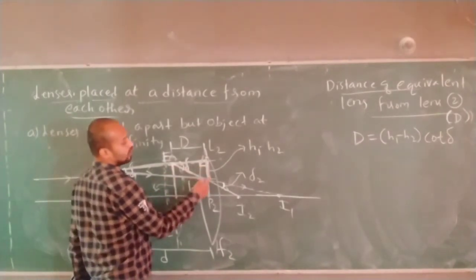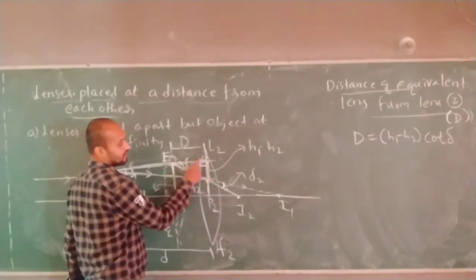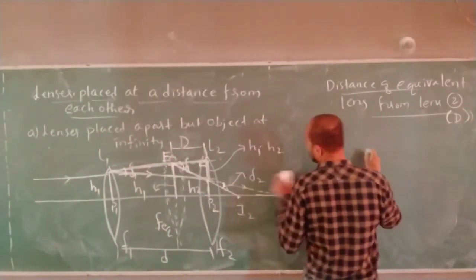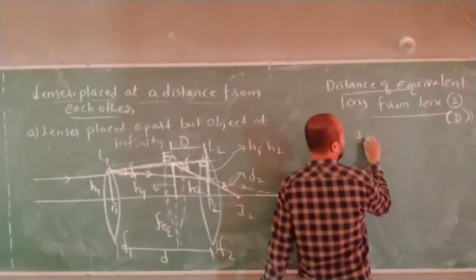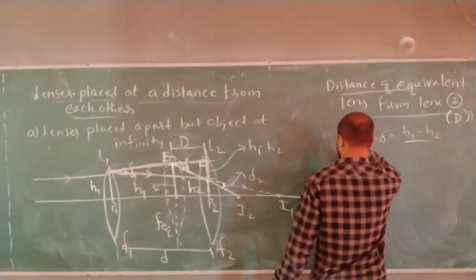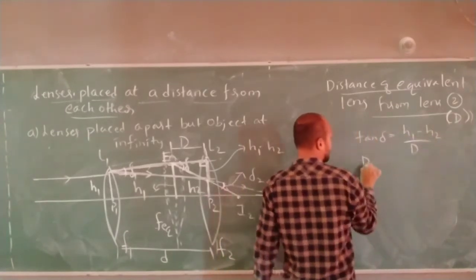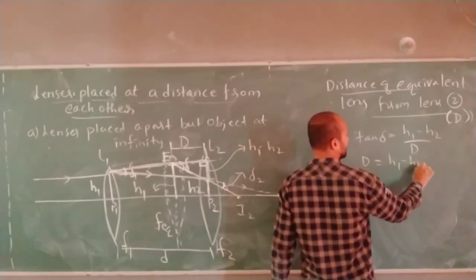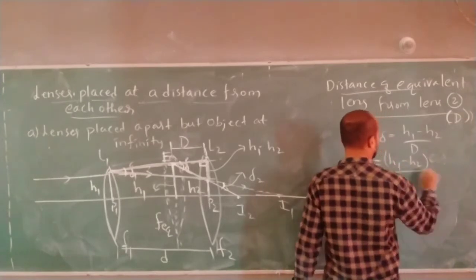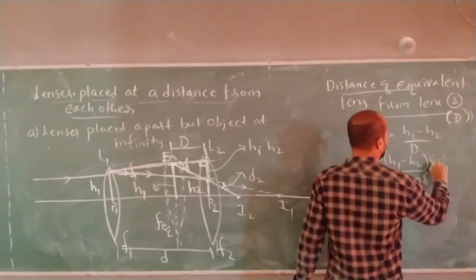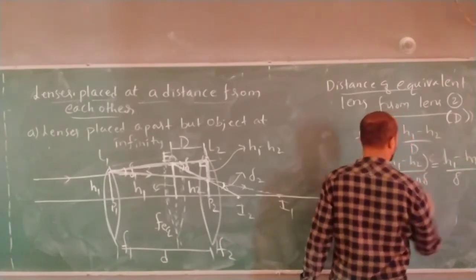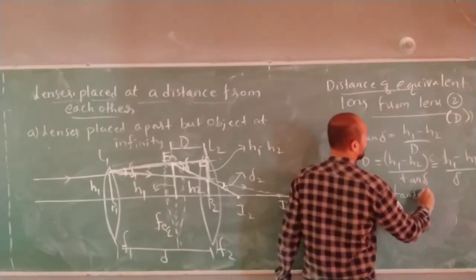Tan dou is H1 minus H2 divided by D. Correct now? Or better, I will write that. From this triangle, I can write tan dou is H1 minus H2 divided by capital D. Capital D is equal to H1 minus H2 into cot dou, or this I can write H1 minus H2 divided by dou, because tan dou is nearly equal to dou.